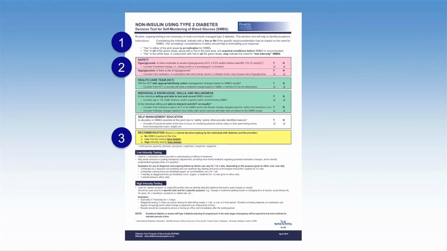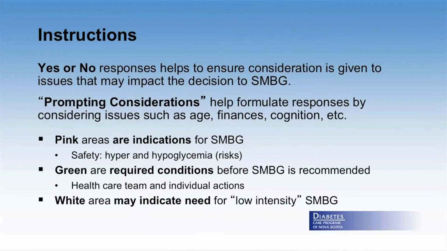Okay, so this is the tool, and it's nice and color-coded. The first part is the instructions. The second part are the criteria for testing. The third part would be the recommendations and the examples of low and high intensity testing. And we'll go through each of these in turn. So in the instructions, there'll be yes, no responses. We put some things in parentheses, just some examples to prompt you to think about situations where you would or would not test.